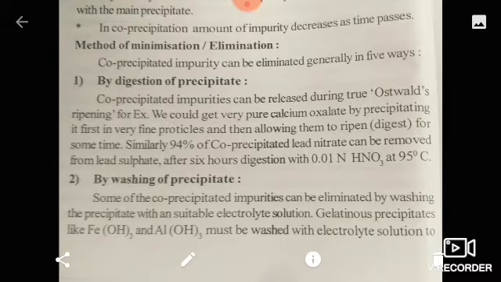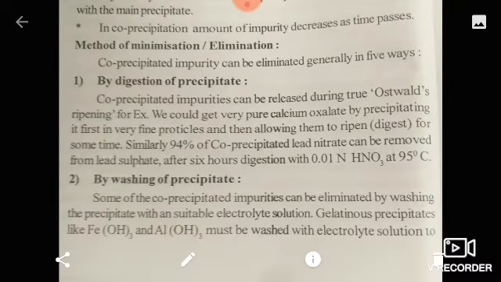Similarly, 94% of the co-precipitated lead nitrate can be removed from the lead sulfate after 6-hour digestion with 0.01 normal nitric acid at 95 degrees Celsius.